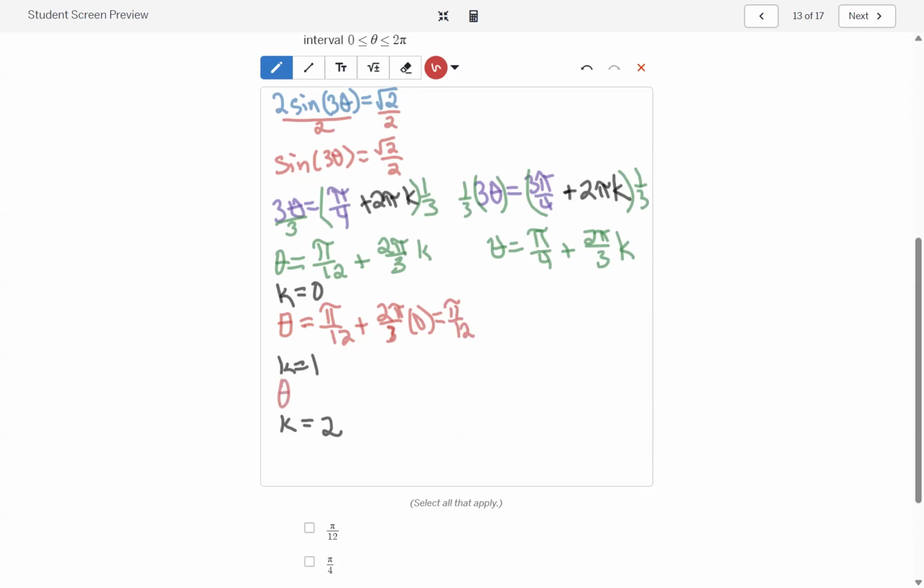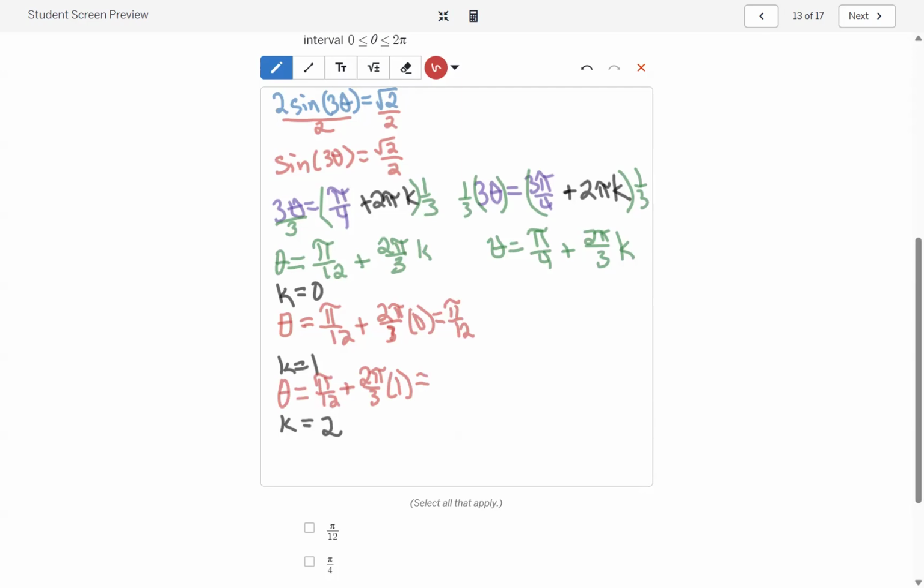Our next one, now we actually got some fraction math. So pi over 12 plus 2 pi over 3 times 1. On your calculator, if you can't type it in with the pi's, type it without the pi's. 1 over 12 plus 2 over 3. And mine spits out 3/4.